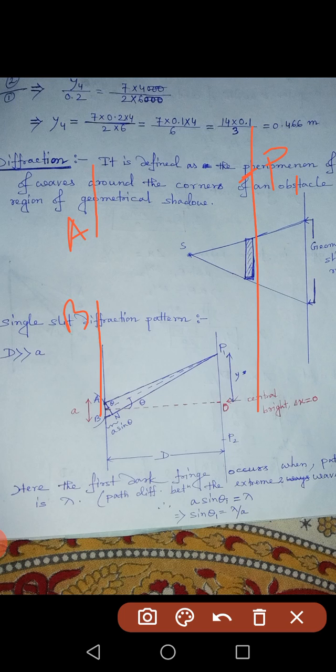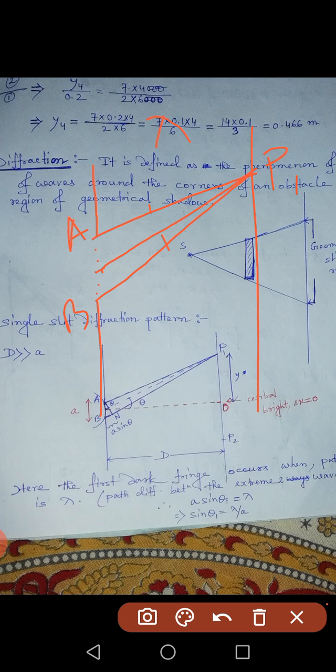Suppose from A the light wave is meeting at P, from B another light wave is meeting at P. I said that the path difference between these two is lambda. I also told you that all the points are behaving like a secondary source. So from a point exactly at the middle of A and B, a light wave is coming out and reaching point P.